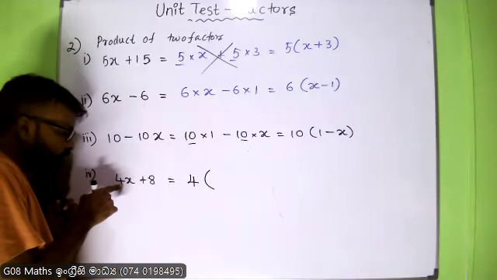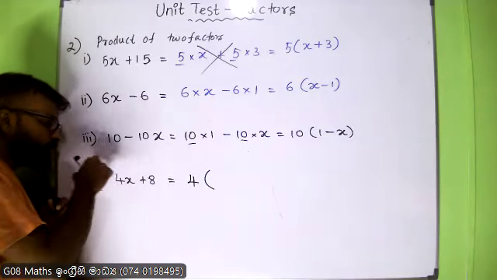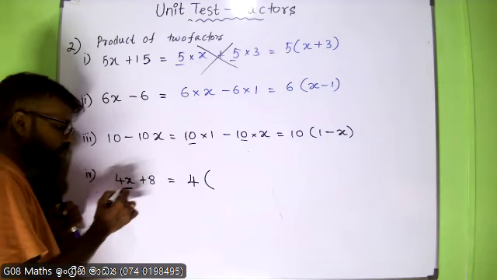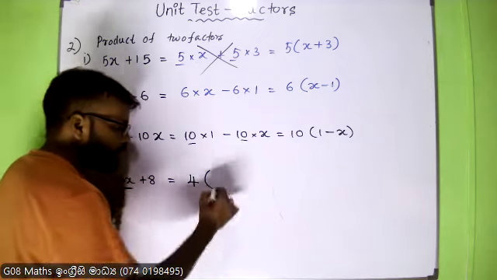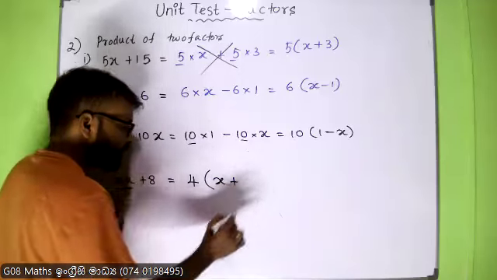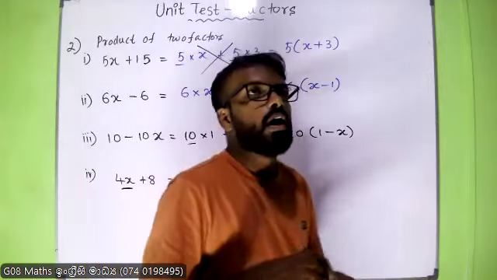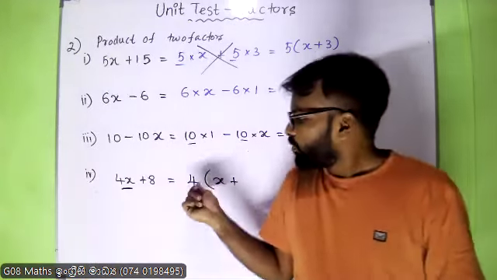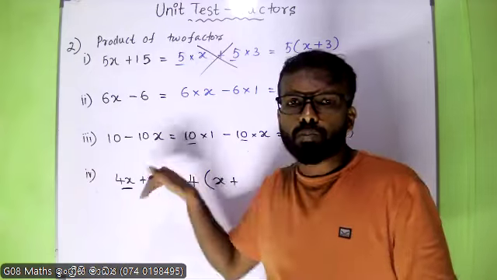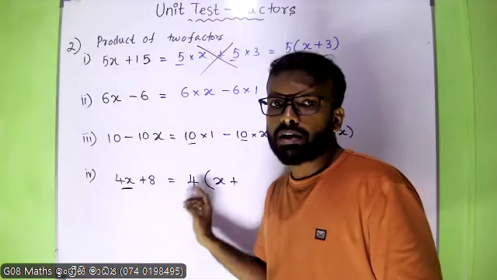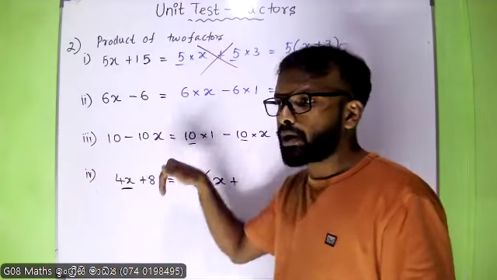If you take 4 as the common factor from this term, what would be the remaining part? x. Here you have 8. What does taking out from the bracket mean?